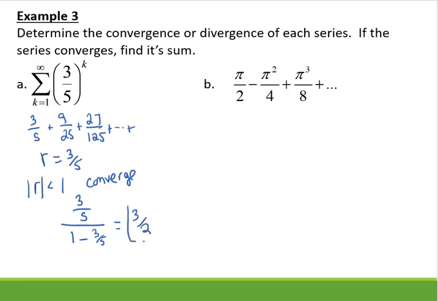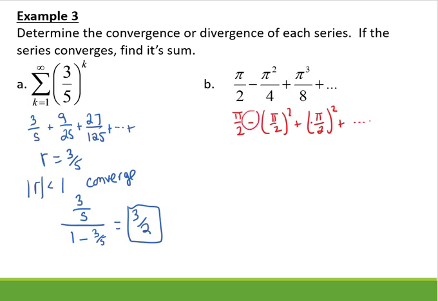Let's look at this series. We have pi over 2 minus pi over 2 squared plus pi over 2 to the third plus... So hopefully you notice I go minus, plus. Technically this one would be minus. I should maybe change that to a minus.